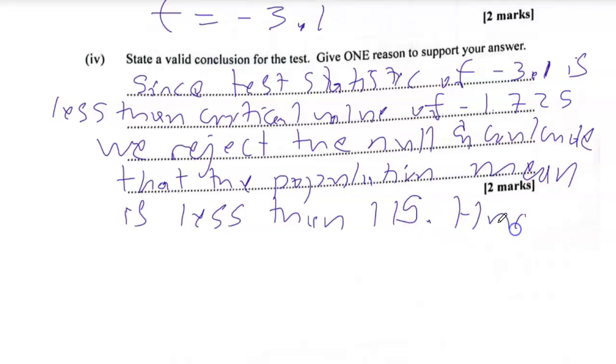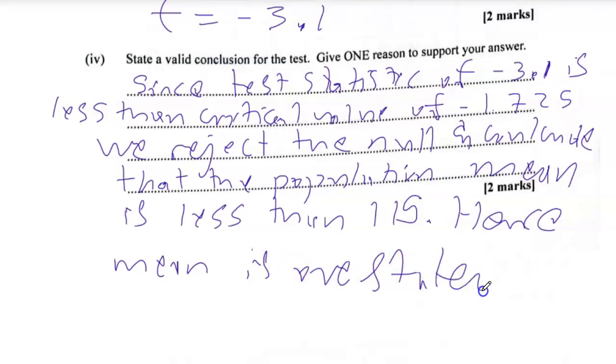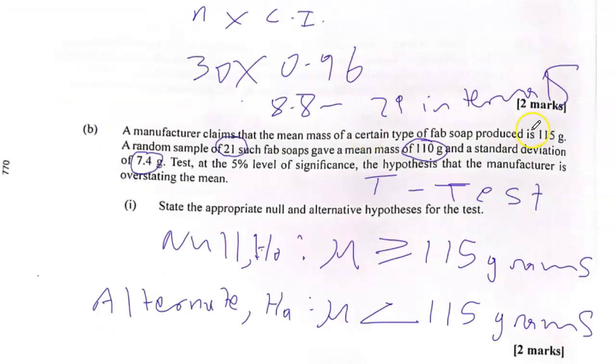Hence, the mean is being overstated. So what the manufacturer is claiming, 115, the researcher conducted his research and found the sample mean was 110. Based on the t-test, that's enough evidence to conclude that this mean of 115 is being overstated.